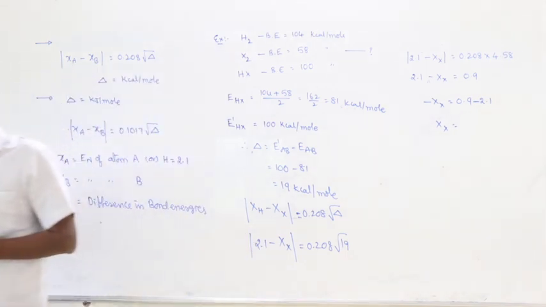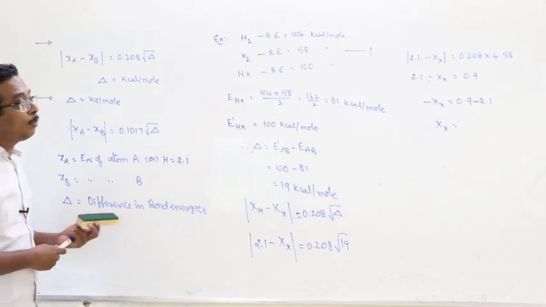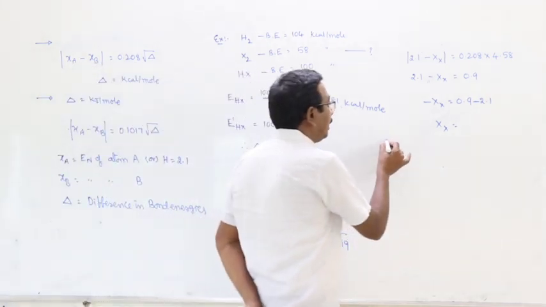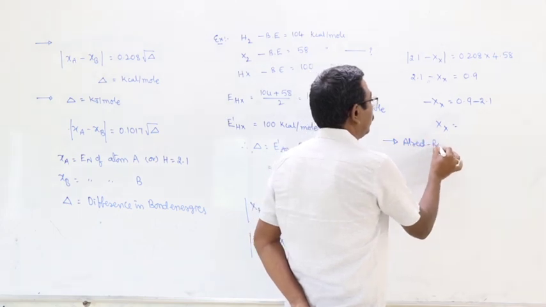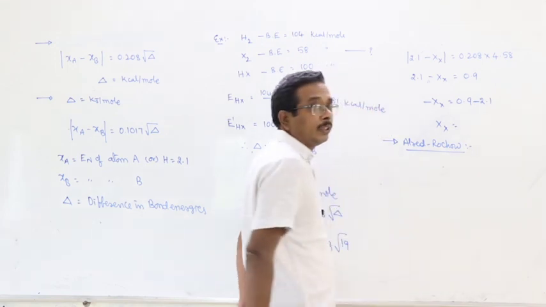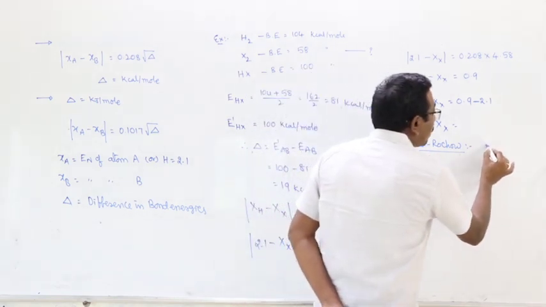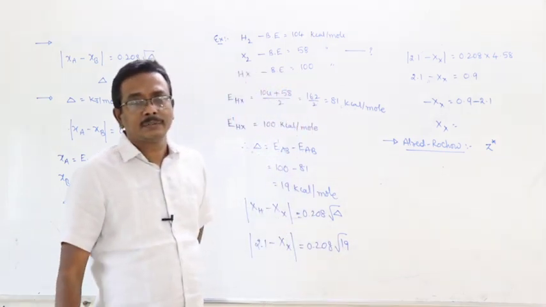And next one, the Allred-Rochow process. This Allred-Rochow process depends upon effective nuclear charge.